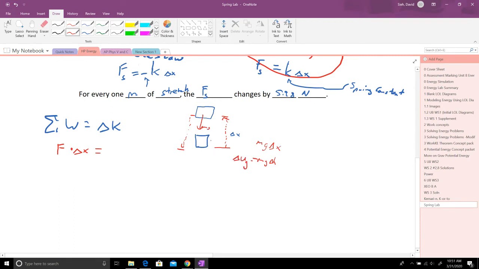We'd like to do something similar with a spring. To make this easier on ourselves, I'm going to do this sideways instead of vertical, so I'm not going to be changing the gravitational potential energy. Here's this spring, and maybe that's the length the spring normally is. I have some block attached.